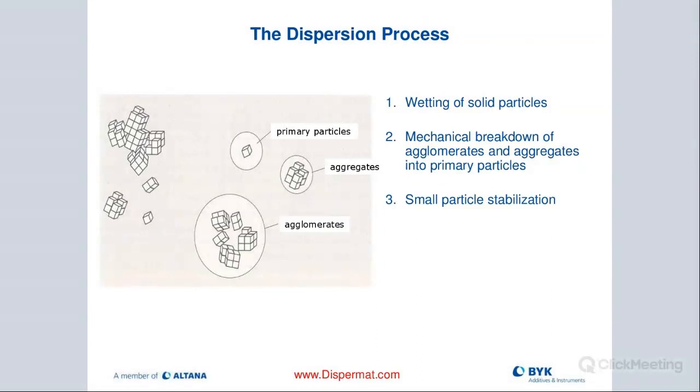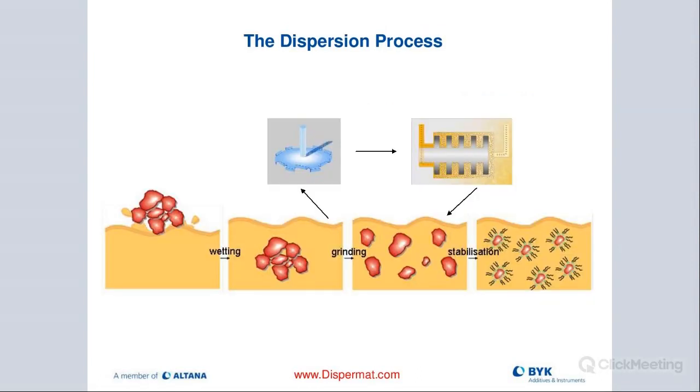So we really want to break up these binding forces with the cow's blade to go from the agglomerate down to the aggregate level, and then from the aggregate level down to the primary particle level. This is where we will do our secondary dispersing, or fine grinding, or milling as it's called. So we actually have two steps: the pre-dispersion, going from the agglomerate down to aggregate, and fine dispersion, aggregate down to the primary particle size.